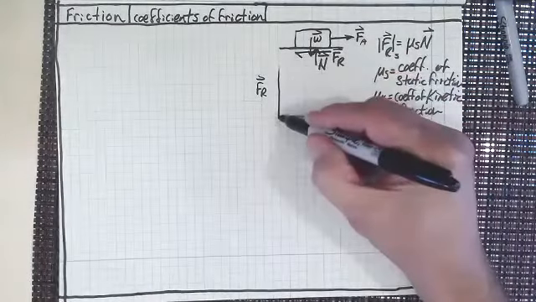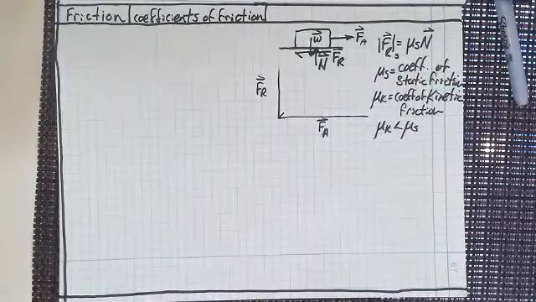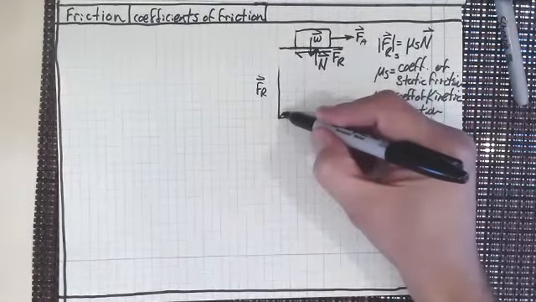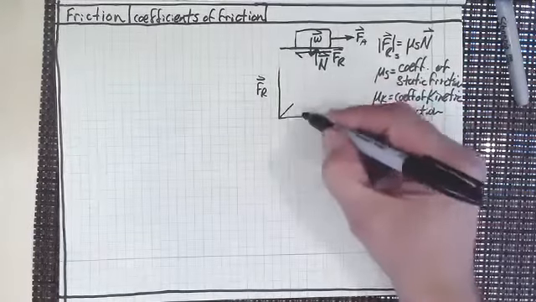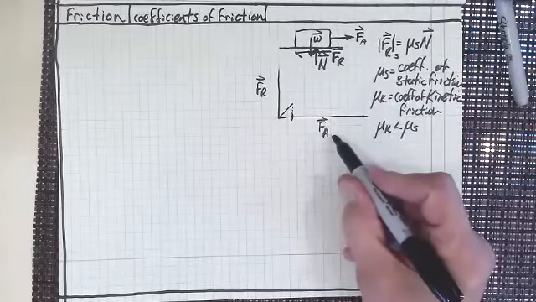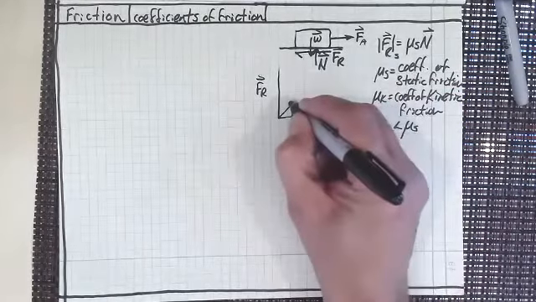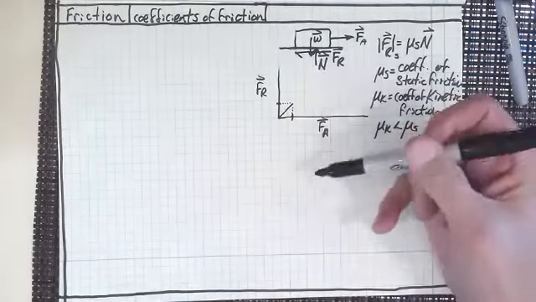So I apply a little dash of F sub A, and F sub R reacts to it and stops the thing from moving. And then I push it a little more, and F sub R is still pushing back. So the higher I go on my applied force, the higher the frictional force goes to oppose me.